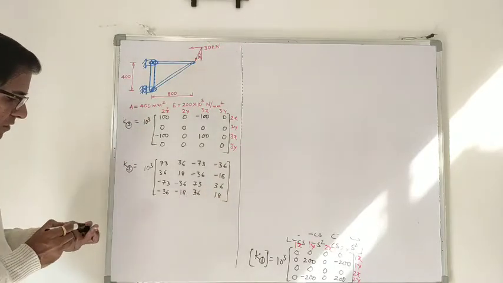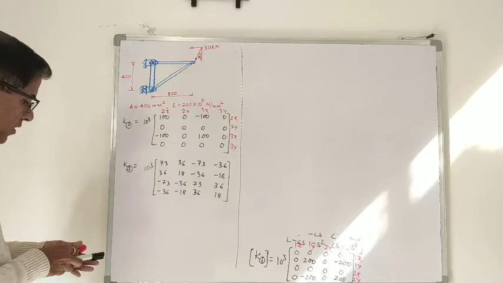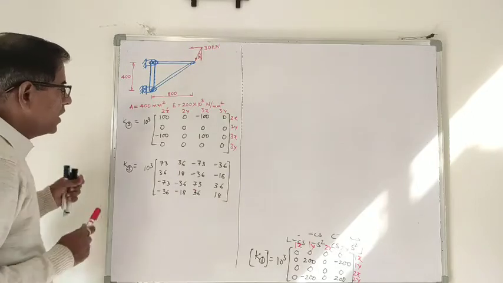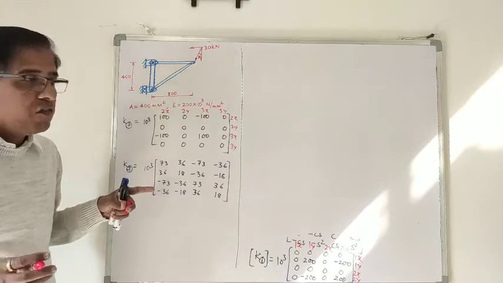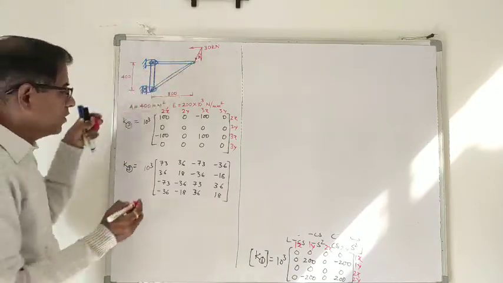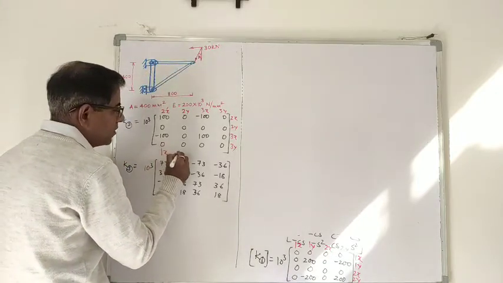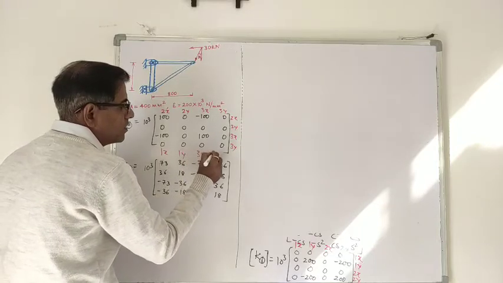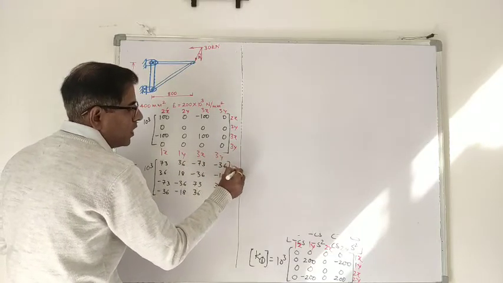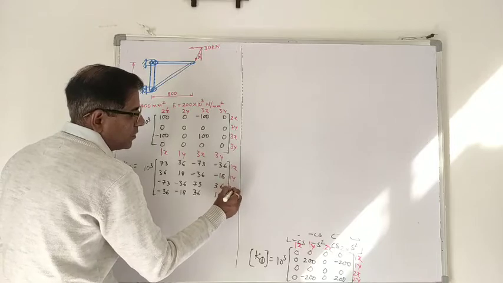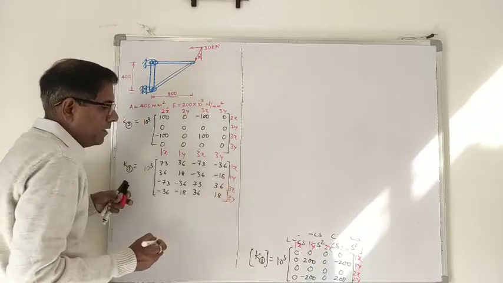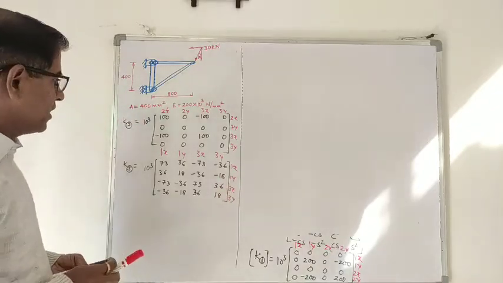So this is the element stiffness matrix for the third element, and the third element is made up of node number 1 and 3. So it will be 1x, 1y, 3x, 3y, and 1x, 1y, 3x, 3y. So these are the three element stiffness matrices.